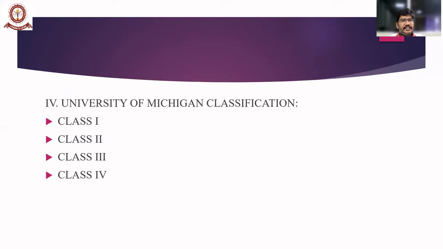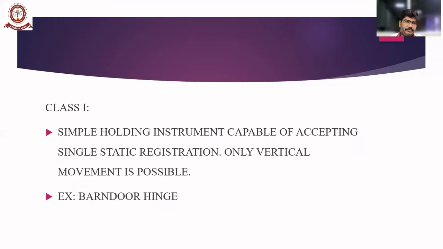And then there is the University of Michigan classification. They proposed this classification during the World Prosthodontic Congress held in 1972. They classified articulators into 4 classes: class 1, class 2, class 3, and class 4.